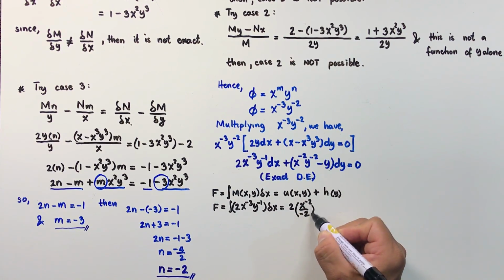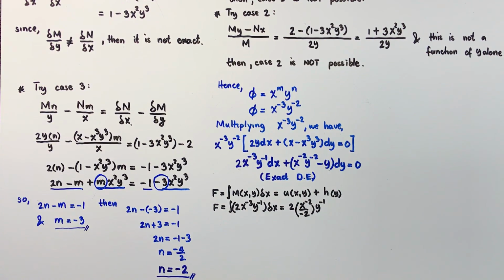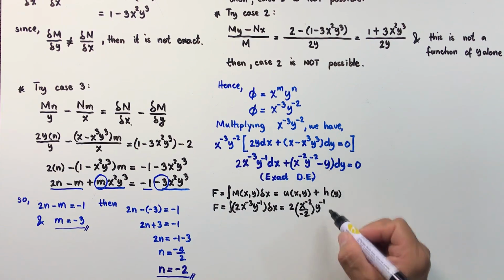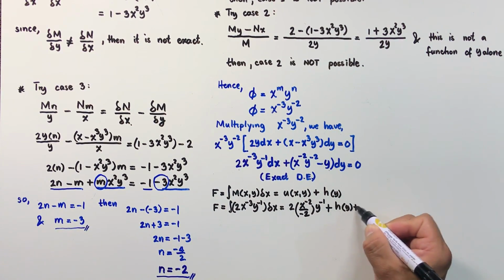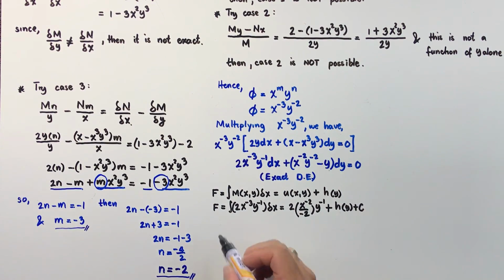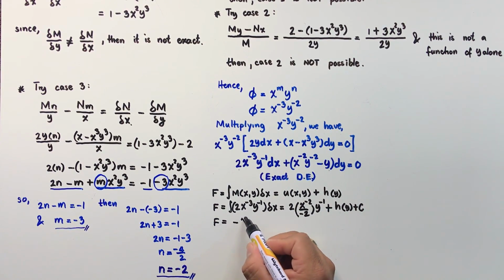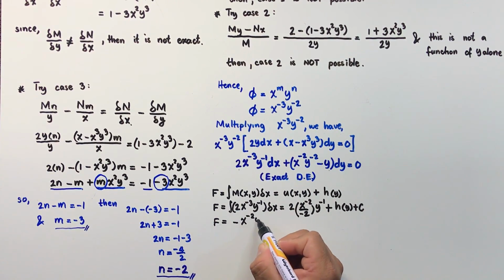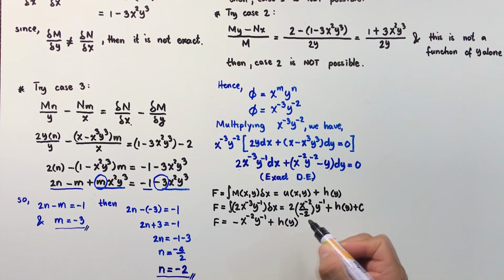And because y to the power negative 1 is treated like a constant, we just multiplied that, plus h of y as the constant of integration C. So we have our big F, which is the negative of x to the power negative 2 y to the power negative 1 plus h of y plus the constant of integration C.